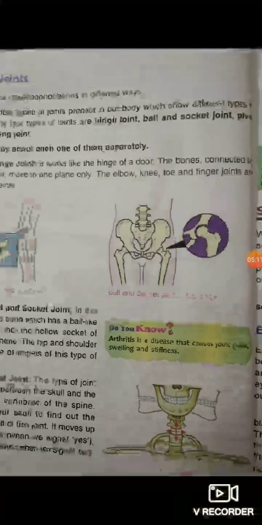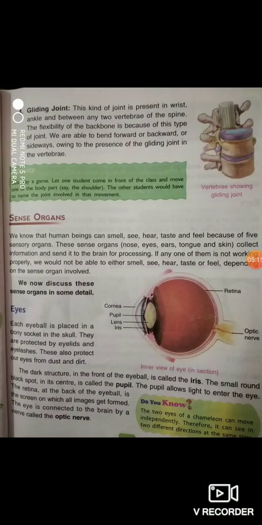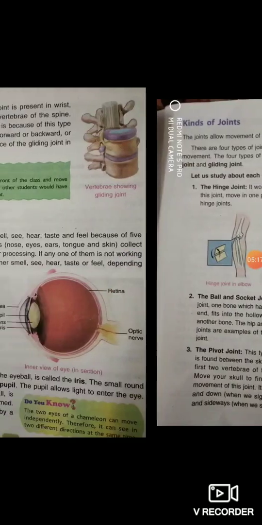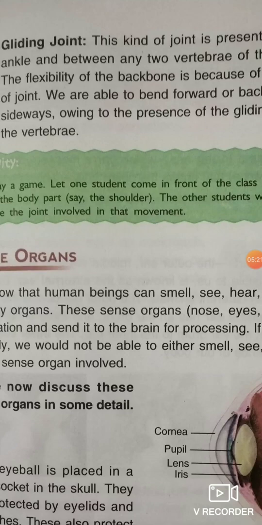Now come to the gliding joint. Now see, in the gliding joint, what happens? It is present between the vertebrae. Okay, this kind of joint is present in the wrist, ankle, and between any two vertebrae. You can see the wrist, the ankle, and the vertebrae, that is the backbone.